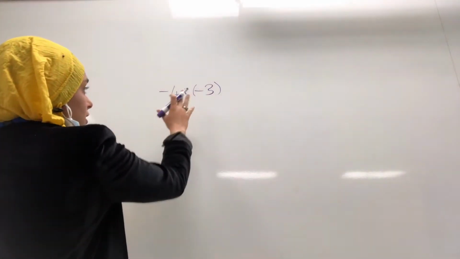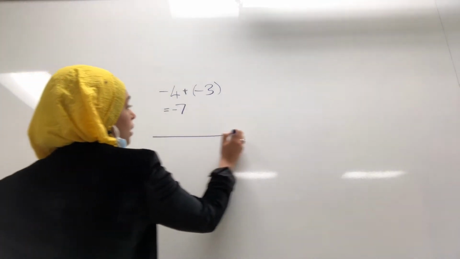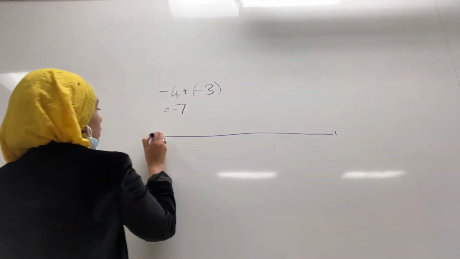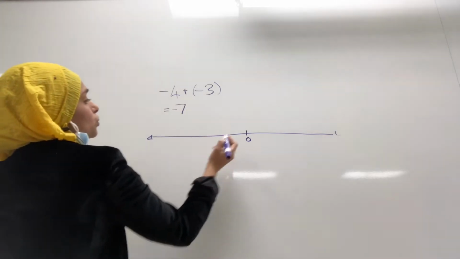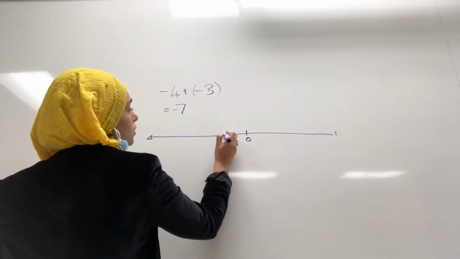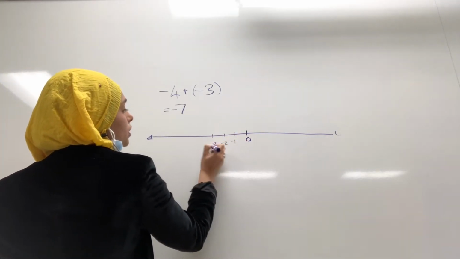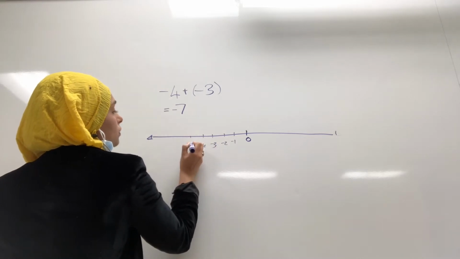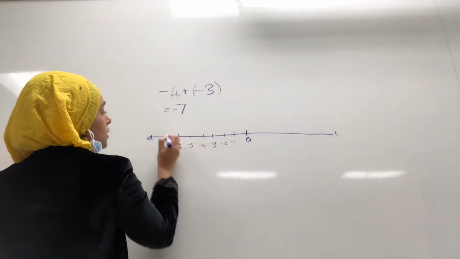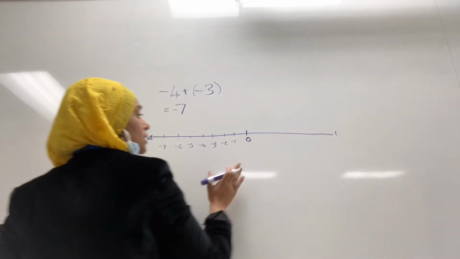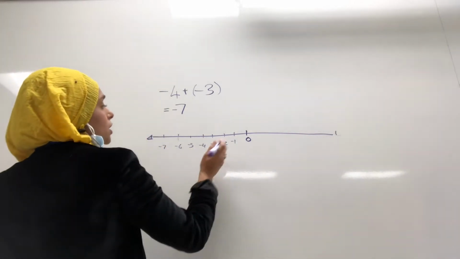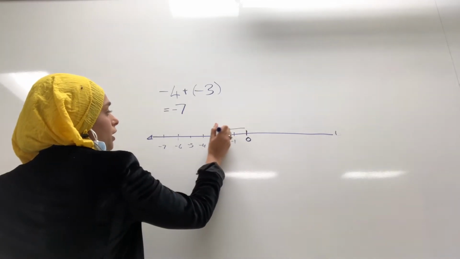Now let's look at the same question using a number line. So again, if you're drawing a number line, super simple. Put your 0 in. In this case, we're plotting in our negatives. So -1, 2, 3, 4, 5, 6, and 7. Remember that on a number line, your right-hand side are your positives, and the left-hand side are your negatives.